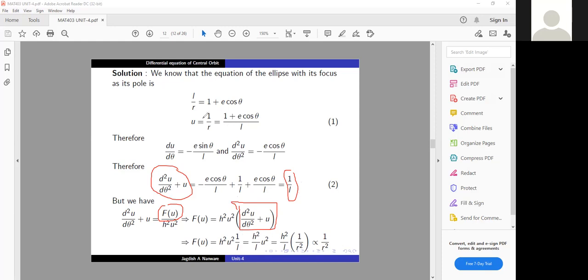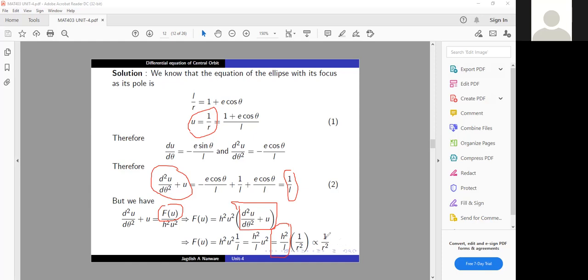But what is U? We have taken U as 1 upon r, and we put the value of U here. So U square will be 1 by r square. Right. So h is constant, L is constant, so h square upon L is constant. So what we see here is that f is proportional to 1 by r square.